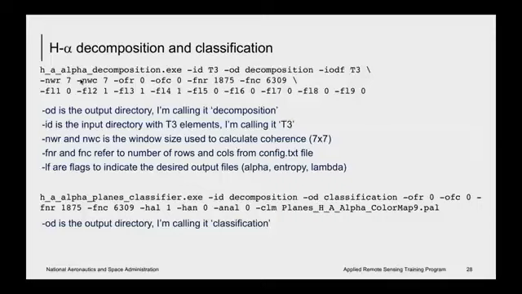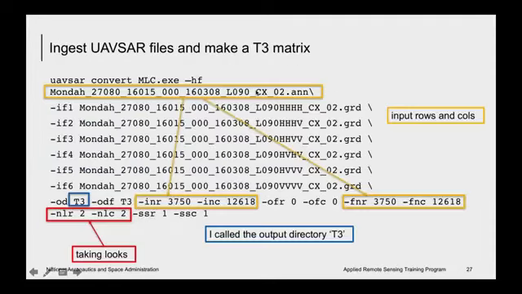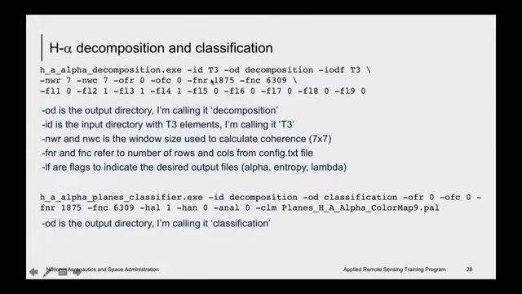You could use 9 by 9, 10 by 10, and play with the results. The final number of rows and columns depends on the number of looks. Because I was taking 2 by 2 looks, this number is half of what I had initially. And these are some flags indicating the outputs that I want.